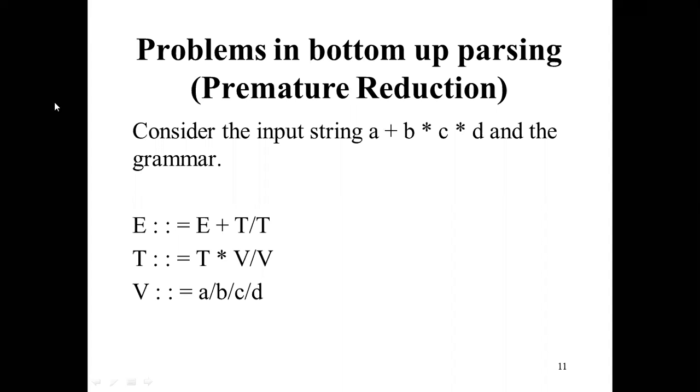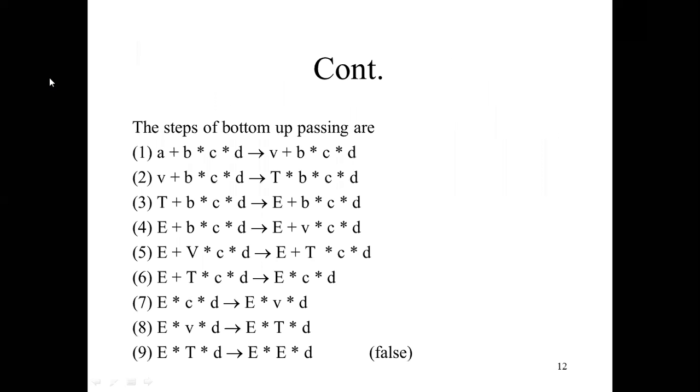Now you can see in the next step, we are replacing this V by T and writing the same thing here also: star B star C star D. Again, you have to write this right hand side to the left hand side, and again replace this T. What is the value of this T? I am replacing this T one by one.